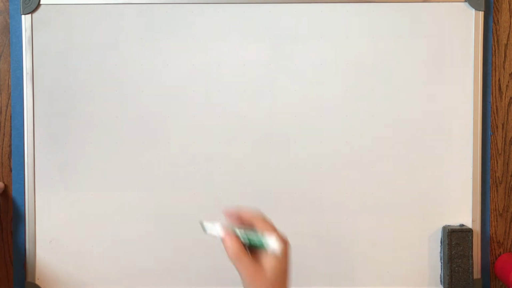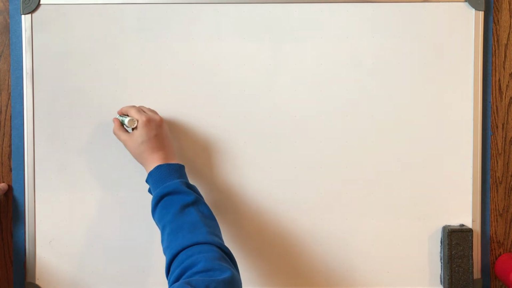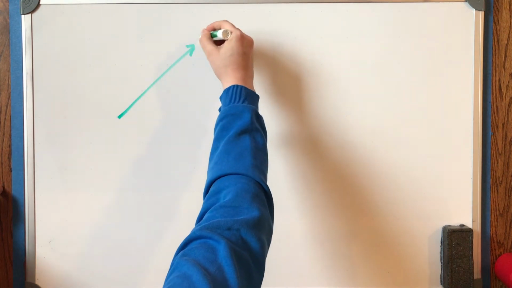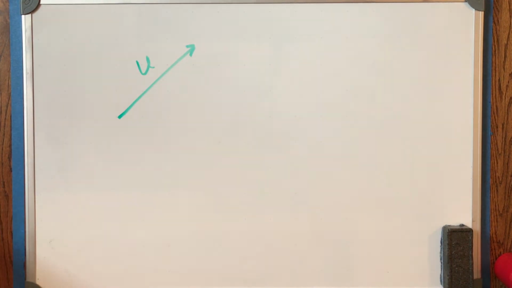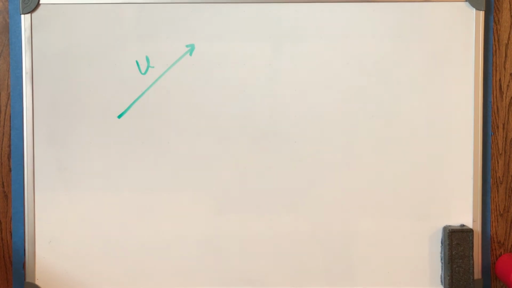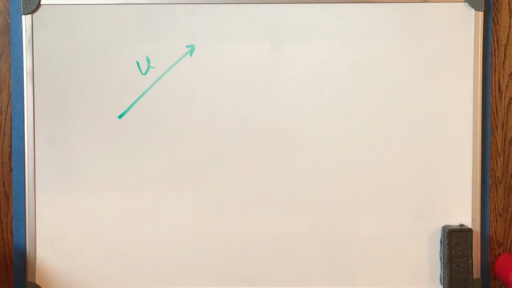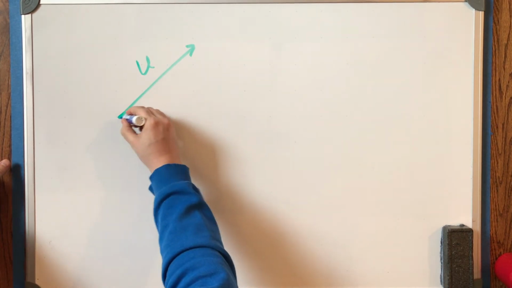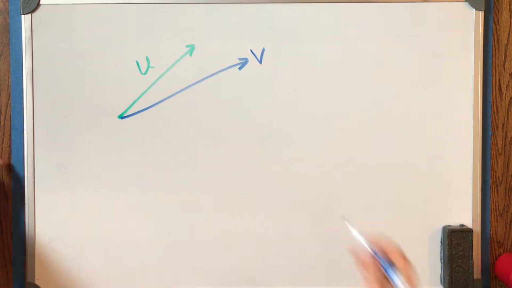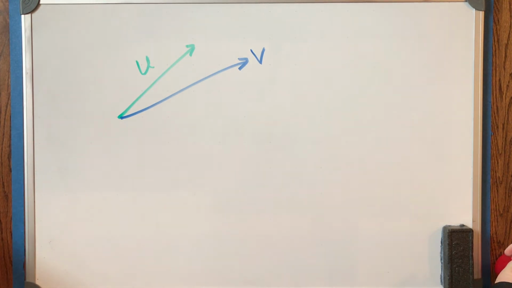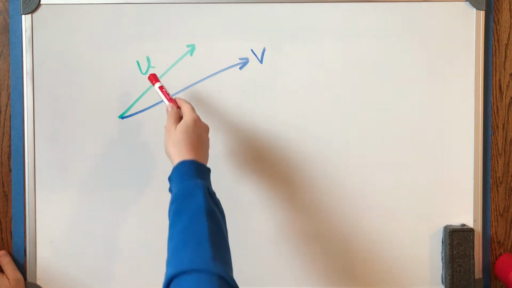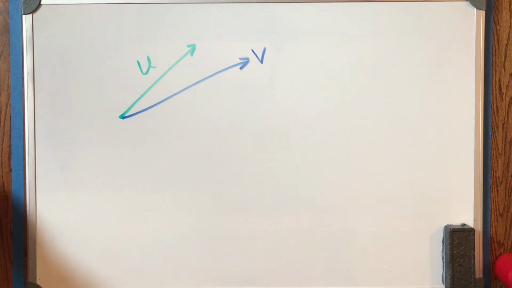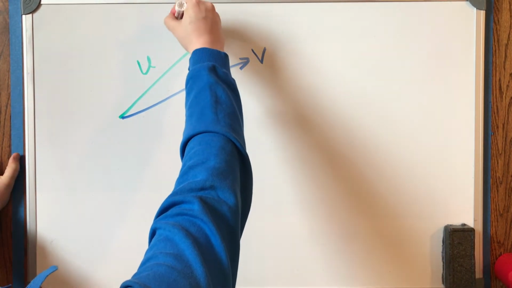So I'm going to start off by just drawing some random vector u. So I'm going to let that be right here. So this is vector u. And then I'm going to draw another vector, which is going to be v, and I'm going to purposely not draw it horizontal, okay? So I'm going to let that be vector v. And the projection of u onto v is kind of like if we had some sort of light source up here.